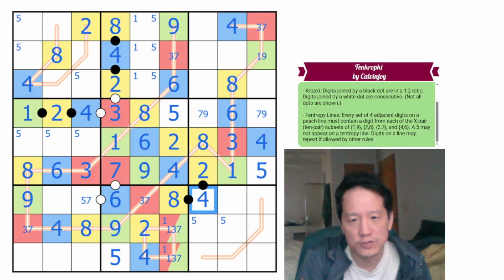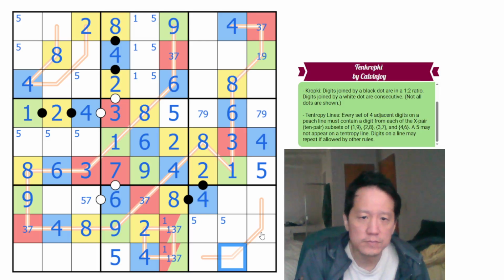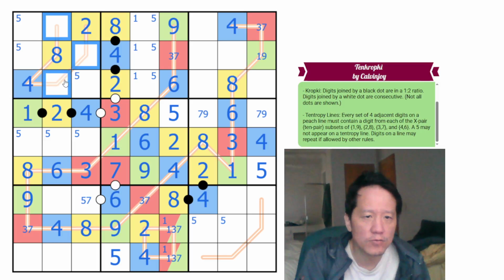4 is here, so this is blue. None of these can be blue. So this could be... That was one of those two. What else do we have? This is blue. So we have green and red as possibilities.